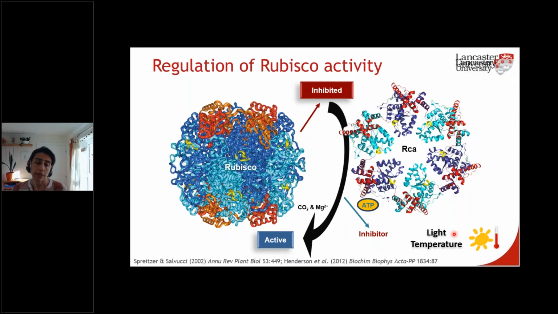Also, Rubisco activase is a thermal sensitive protein, and this means that at moderately high temperatures that are just slightly above the temperature optimum for plant growth, Rubisco activase in many species limits photosynthetic potential in those species. So it is an important enzyme in terms of regulating photosynthetic activity in response to the light availability at the leaf level, as well as in response to high temperatures.